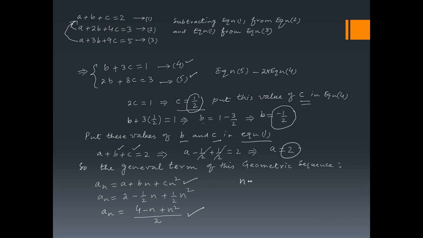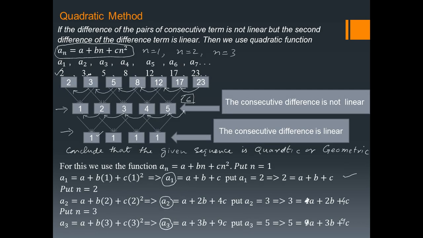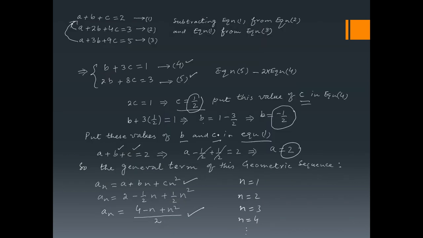Now put n is equal to 1, n is equal to 2, n is equal to 3, n is equal to 4, and so on, we will be getting the sequence which is given: 2, 3, 5, 8, 12 and so on. Let's check it. First of all, n is equal to 1. So a1 is equal to 4 minus 1 plus 1 square divided by 2.